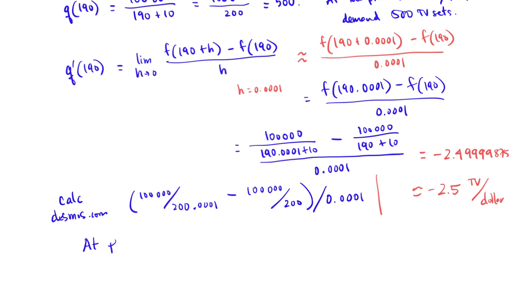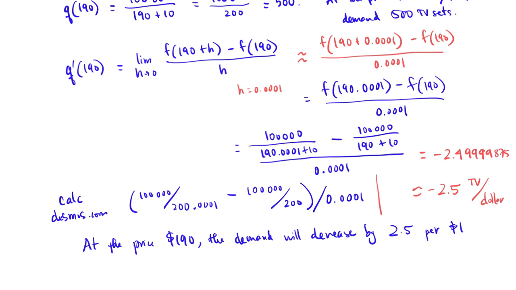So at the price of $190, the quantity, in this case the demand, will go down or decrease by 2.5 per $1 increase in the price.